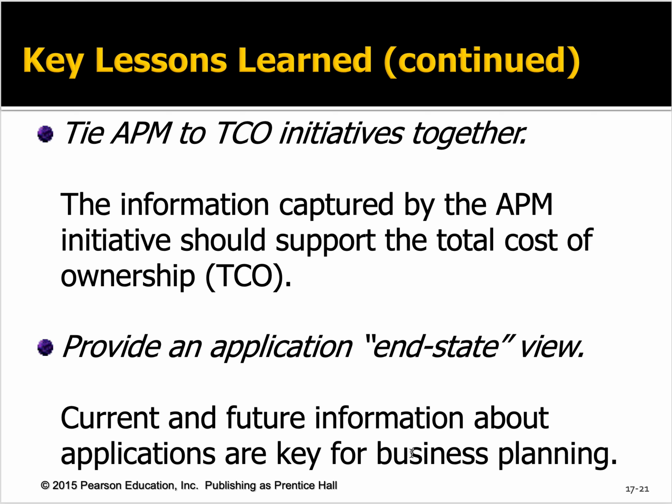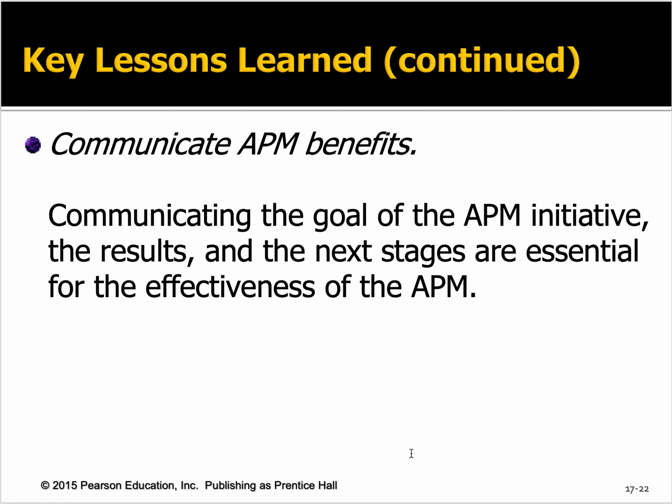You want to tie your APM to what they call total cost of ownership. You want to look at how much this is going to cost us over the lifetime, and look at an application end state view. All important, very important stuff, but most of the time when you're doing something new, I think you look at return on investment, and most companies have hurdles for that. And as you get better at this, you want to make sure that you communicate the process.